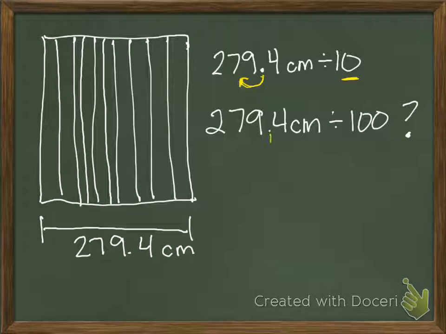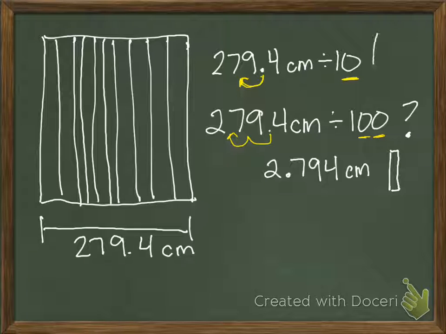I would move it 2 times since there are 2 zeros over here. So what would your new answer be? 2.794 centimeters. So the wood slices that I'm making for Mia's bed would get even smaller.